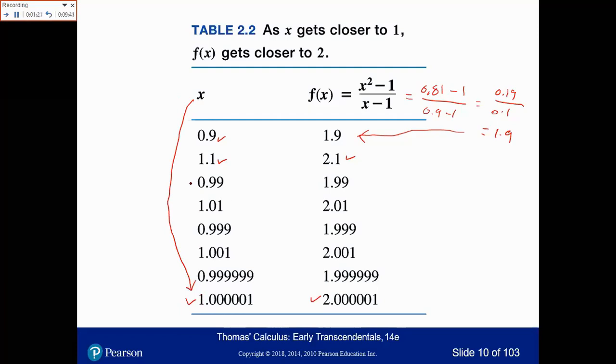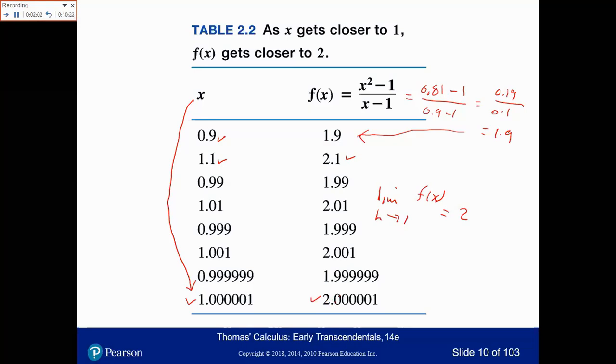So we can say limit as x approaches 1 of f of x. When x approaches 1, f of x will approach 2. So the limit of f of x as x approaches 1 is equal to 2. We just proved it here, correct? Everybody is comfortable?